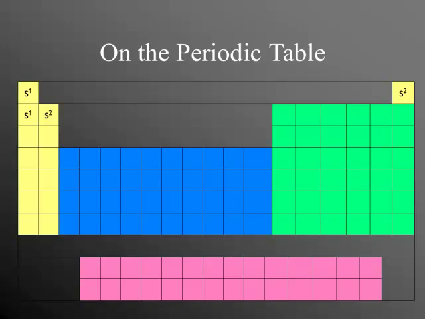Every element in column 1 of the periodic table has 1 electron in an S sublevel. For all these elements, their electron configurations end with the highest principal energy level number followed by S1 every time. For column 2, their electron configurations end with some number followed by S2.